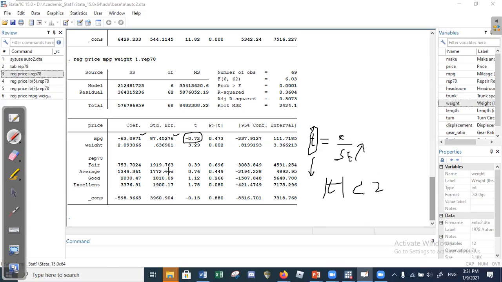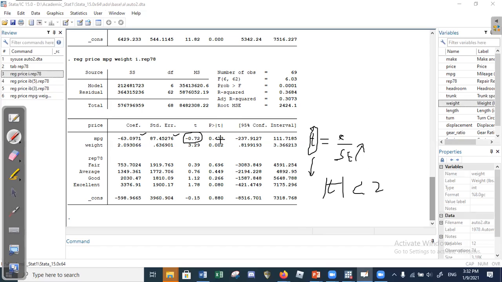Because of high multicollinearity, it may happen that the standard error becomes so large that it will make your T ratios quite small. And as a result, when the T ratio becomes smaller and smaller, the P value becomes larger and larger, right? Usually when the T ratio is less than 2, then the P value would be more than 0.05.